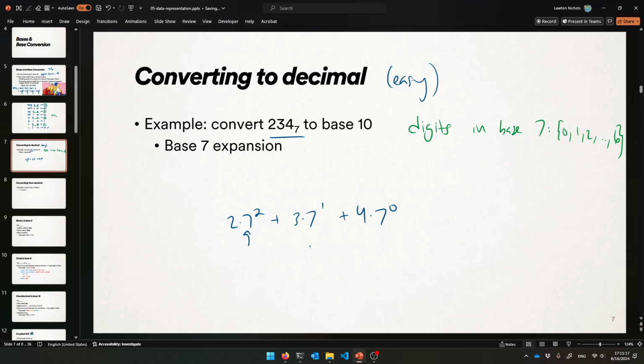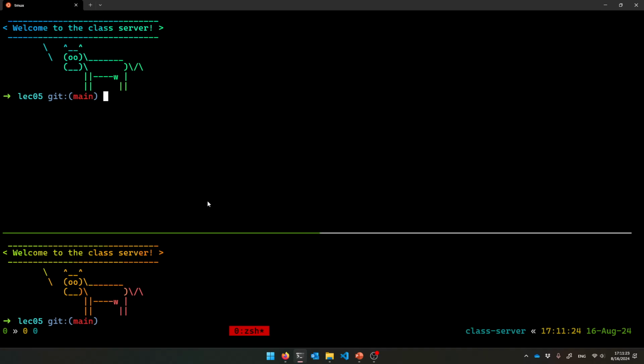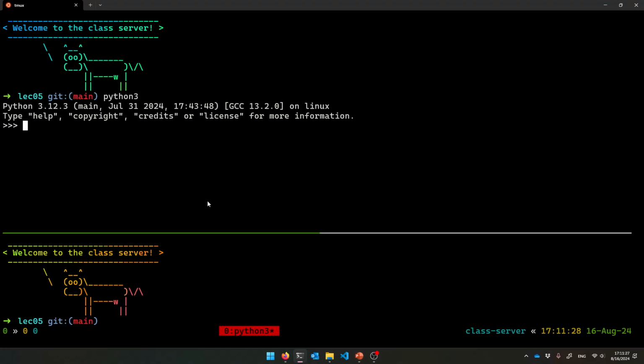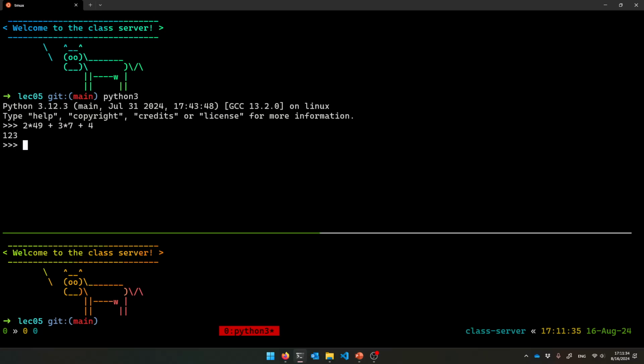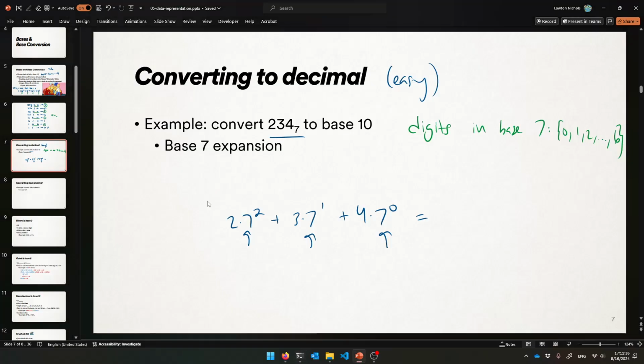So again, the base appears right here, and if you do the math, for fun, we'll do it together. Python: 2 times 49 plus 3 times 7 plus 4. That just so happens to be 123 in decimal. Cool. And we'll use the subscript to specify. Okay, so that's how you convert a number to decimal.